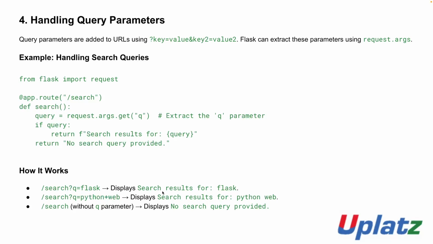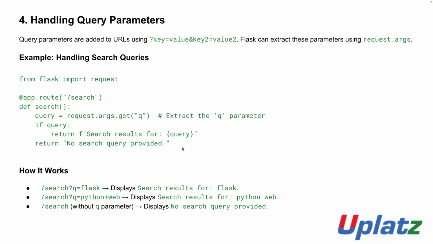Okay, next /search?q=Python+web displays search results for Python web, the plus becomes a space. It means that it gives that page. Search without the q parameter displays no search query provided.